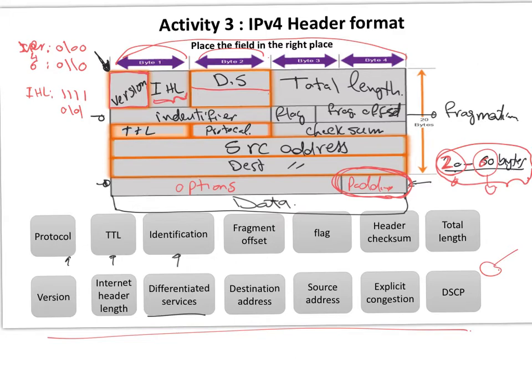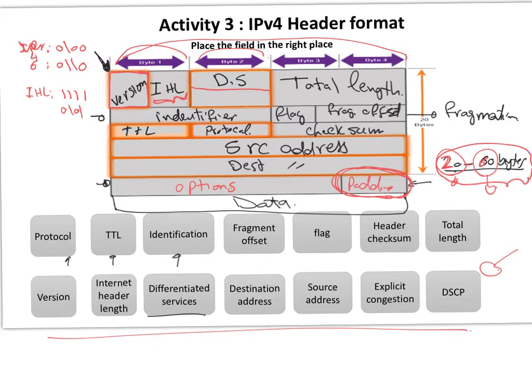Instead, we give the video higher priority than someone who's just browsing the internet with no frequent interaction. So this way we can optimize the quality of service for the different users based on the type of traffic they use. So this differentiated services field is used exactly for that.